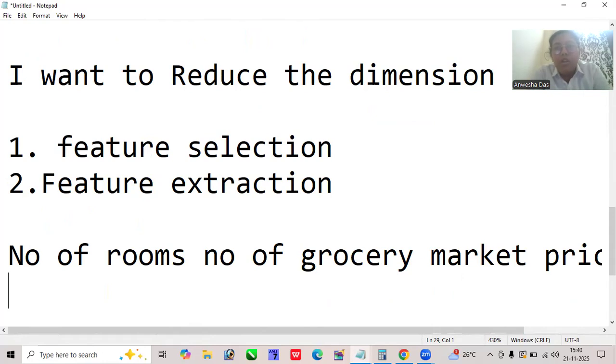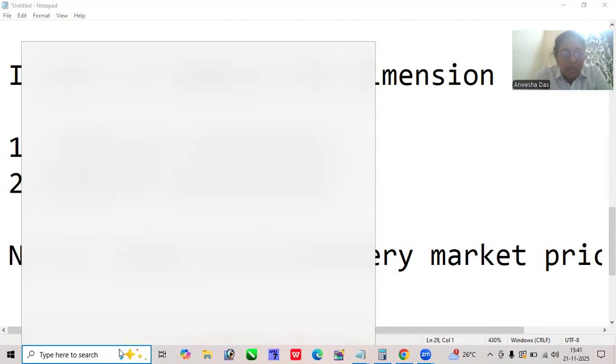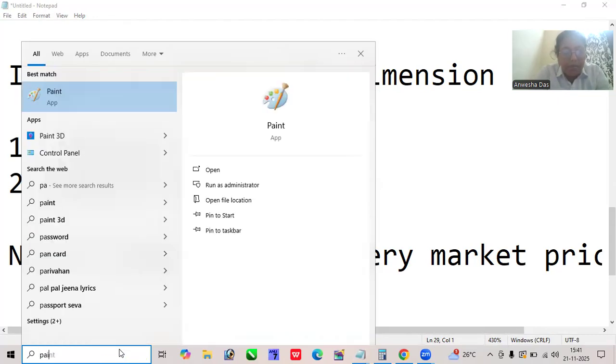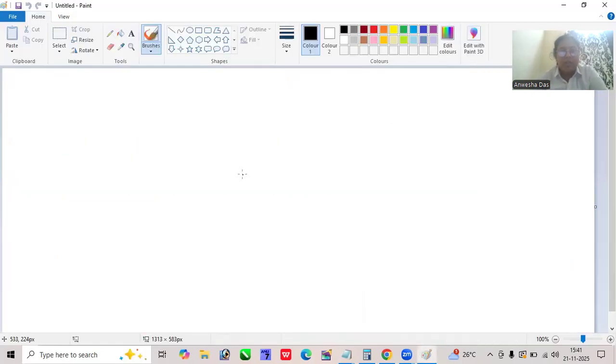So what we will do, we have to select one feature. If we do this mathematically, we have to calculate the variance. For calculating that variance, we plot the scatter plot. Let me open Paint.